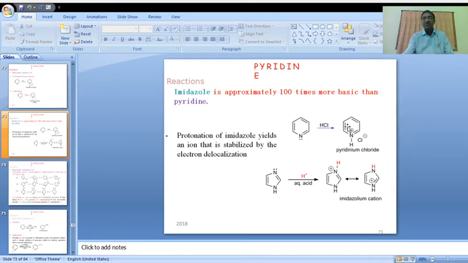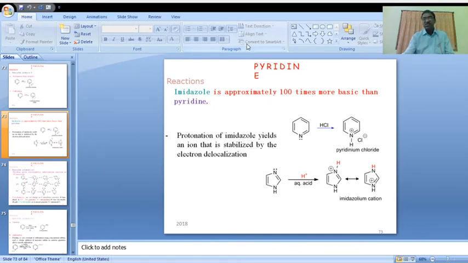But in pyridinium chloride there is no such delocalization, because we are not getting another resonance structure. In imidazole, the cation formed has heteroatom electrons participating in delocalization, giving two contributing resonance structures.